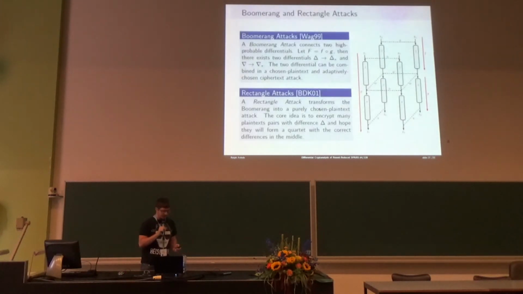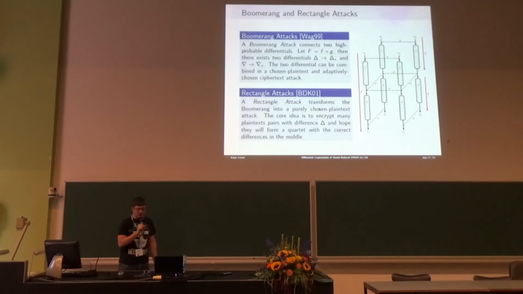Now for rectangle attacks. You already explained the boomerang attacks. In the boomerang attacks, just a short recap, we connect two highly probable differentials, and we split the cipher into two parts. We have one part of the cipher here with a difference down here, and then we shift the difference and have a difference up here.